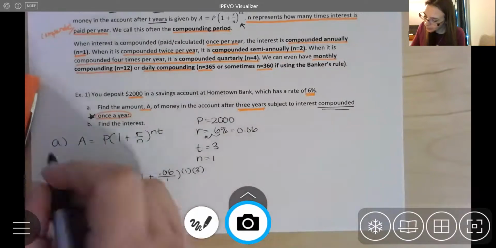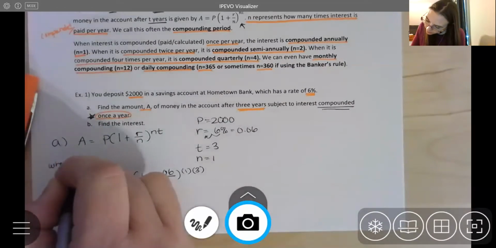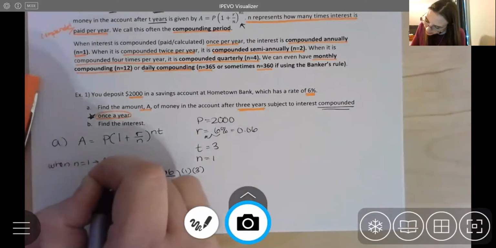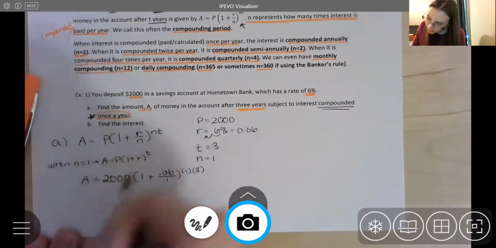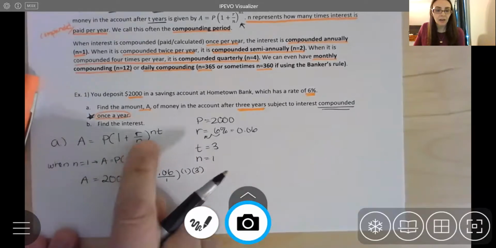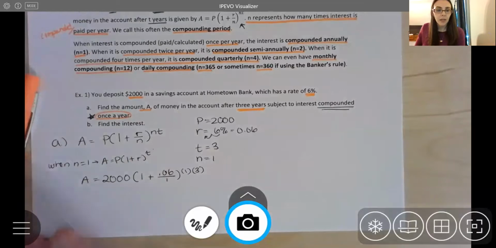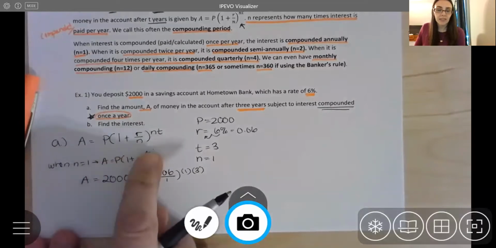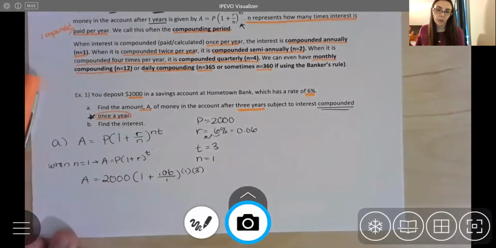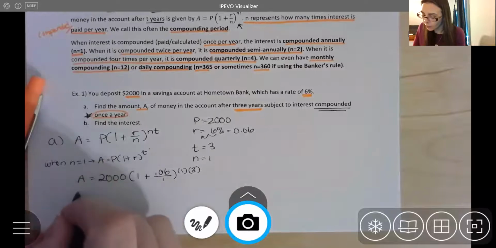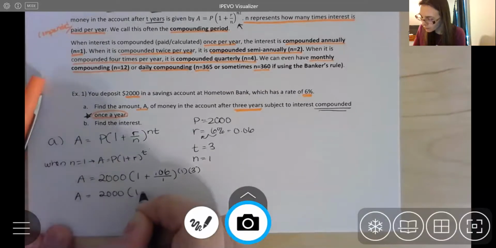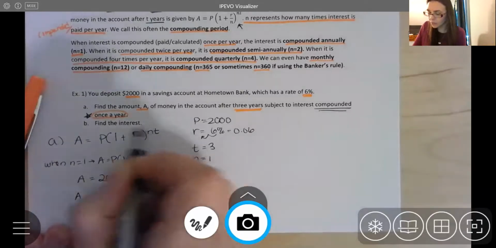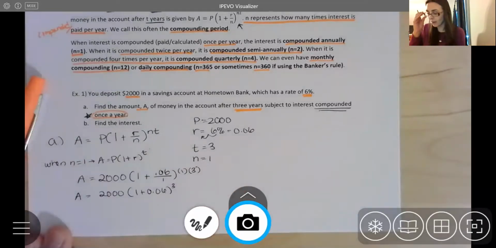Now, when N is equal to 1, your formula actually simplifies quite a bit. And it becomes just this, right? Because that N here and the N here are going to just cancel out. So you can also use this formula here, specifically when N equals 1, and this is what your book does. I actually just like to have one formula so I don't have to keep memorizing formulas over and over again. So I like this general formula because it does any sort of compounding that I need.